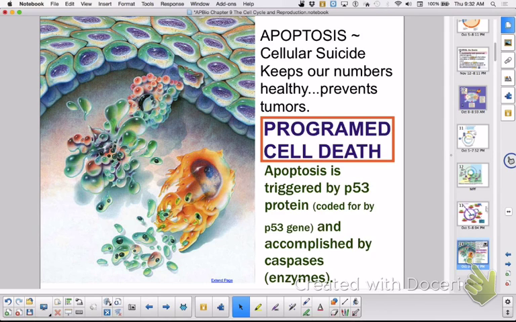Basically, it makes some enzymes, some caspases, which will kill off the cell. So apoptosis is defined as programmed cell death. It is a balance between mitosis and apoptosis, and it helps maintain the normal level of somatic cells and prevents a tumor from developing. And then I gave you the death caused by.